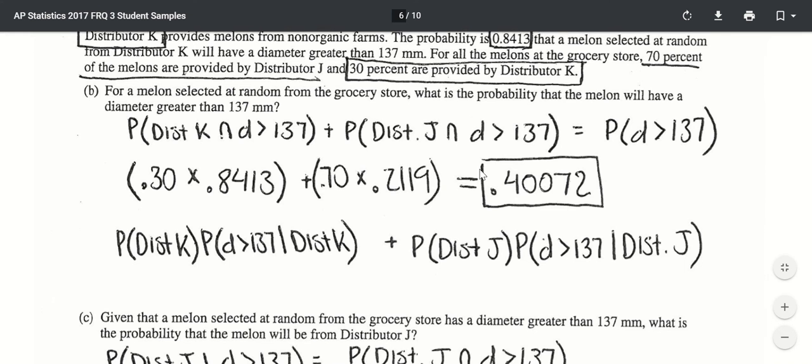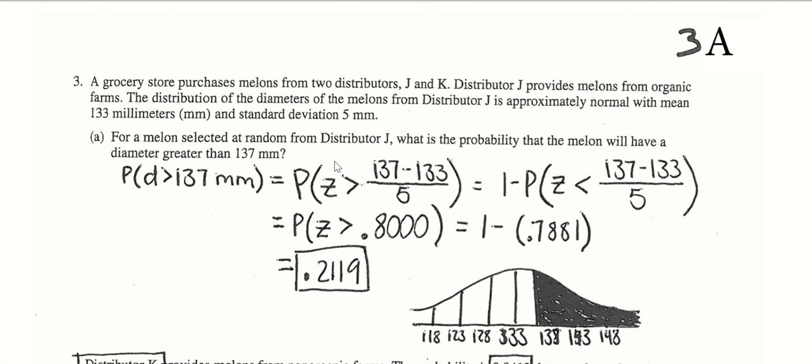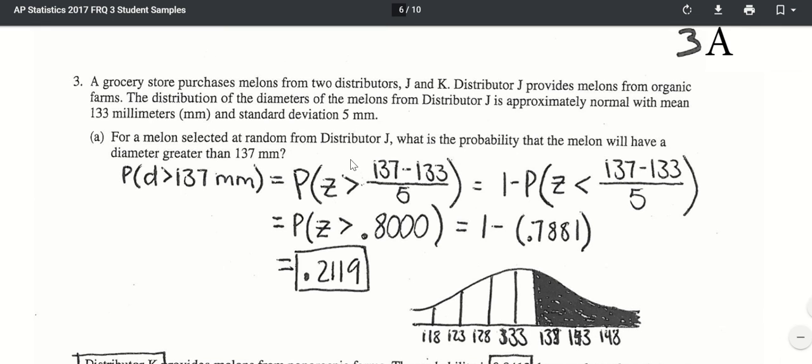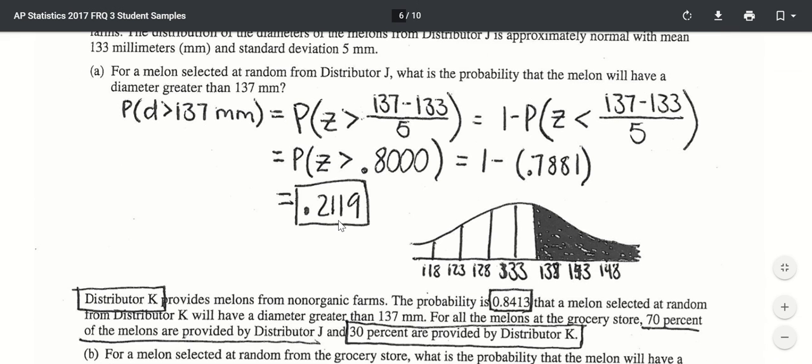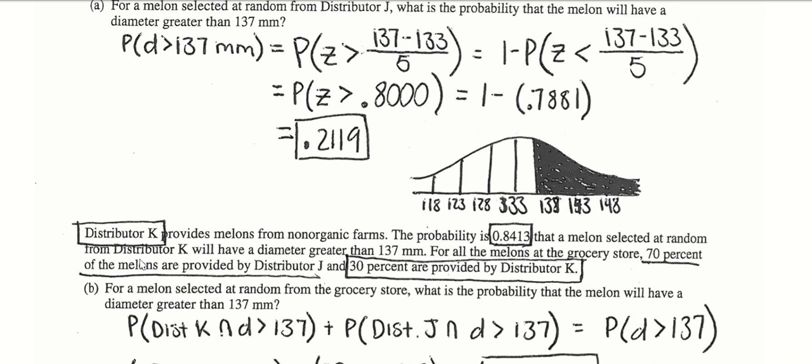Now remember, the problem above was dealing with a diameter of greater than 137 from distributor J. So we claimed that the probability that it's greater than 137 from J is 21%. Down here, the same question, but from a new distributor, it's 84%.